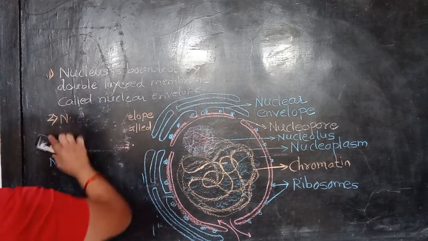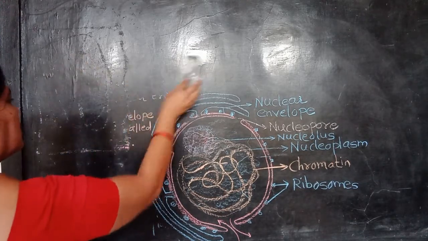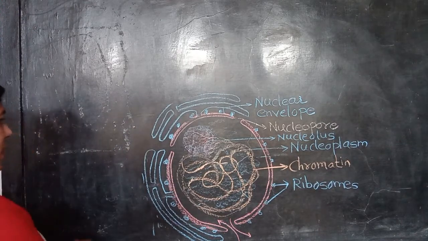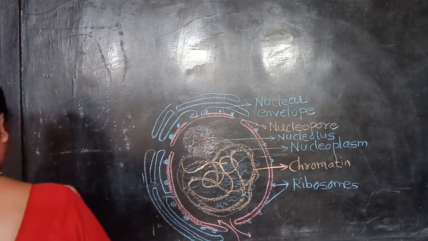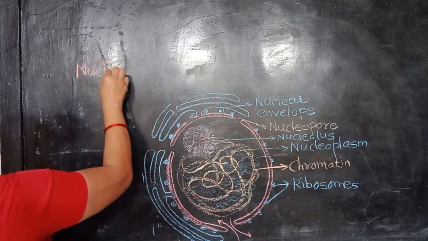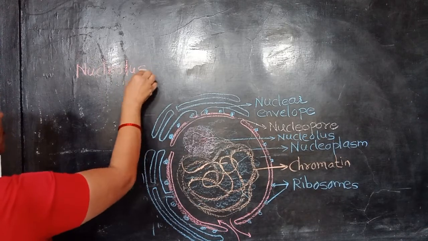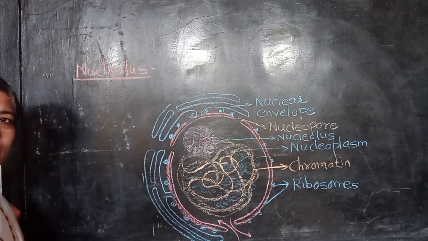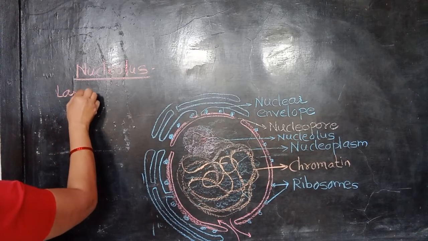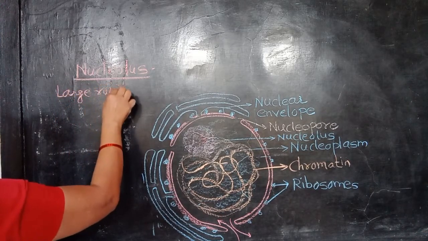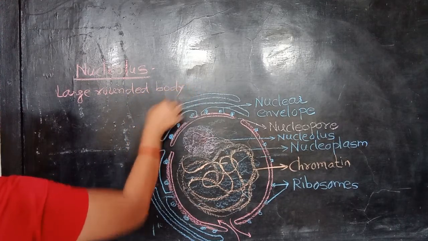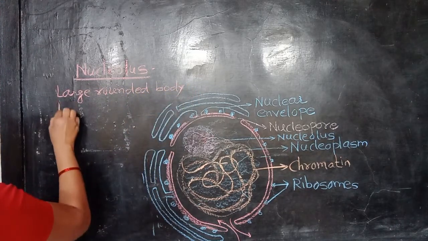Next, nucleolus. It is a large rounded body present in the nucleoplasm.